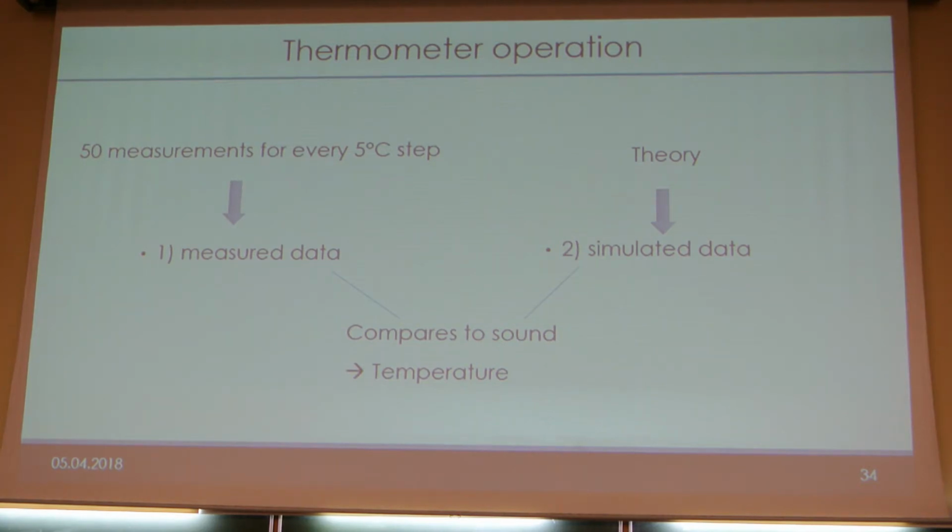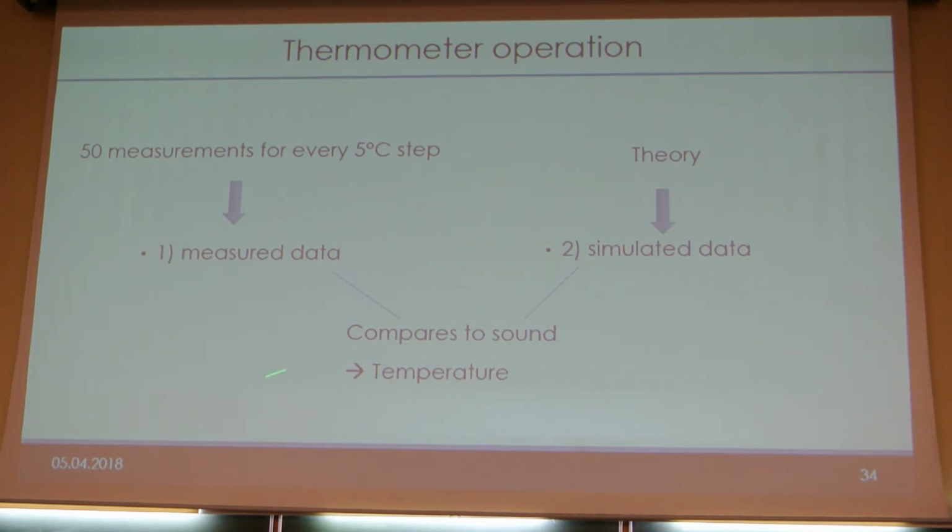We compare the two different results, and we give the combination of both to our program. The program has an idea of how our sound wave should look at 5 degrees, 10 degrees, 15 degrees.